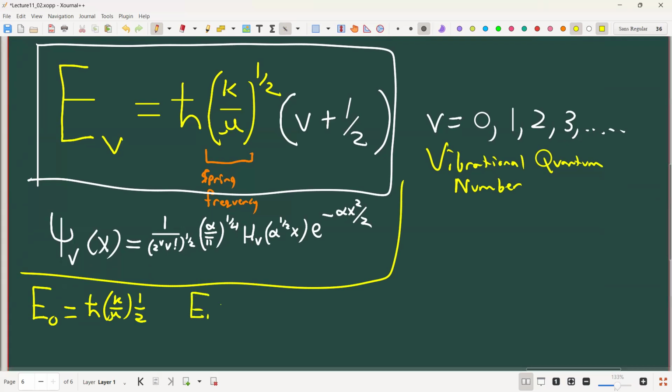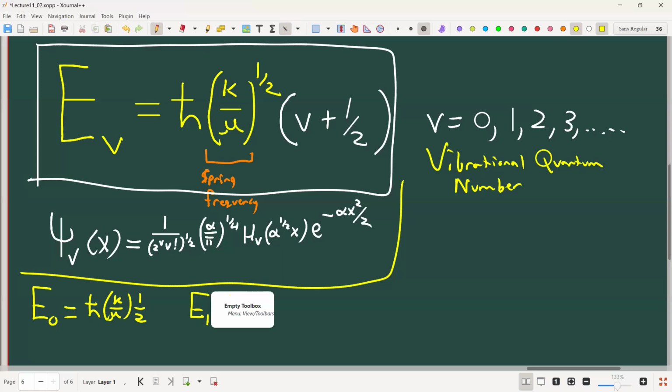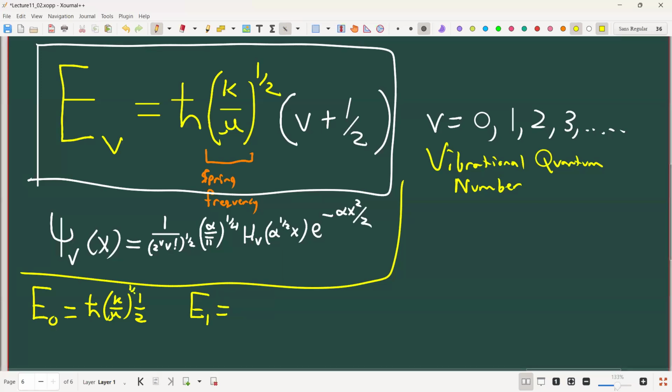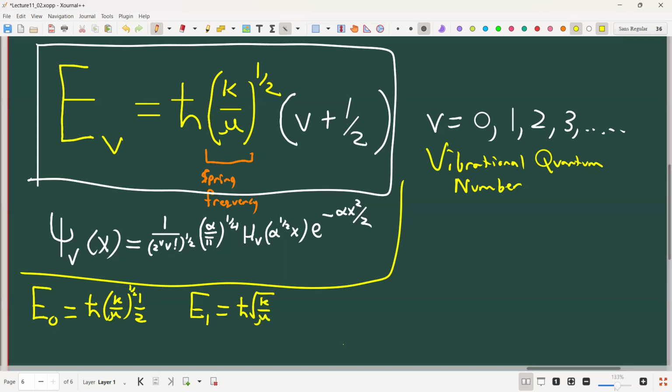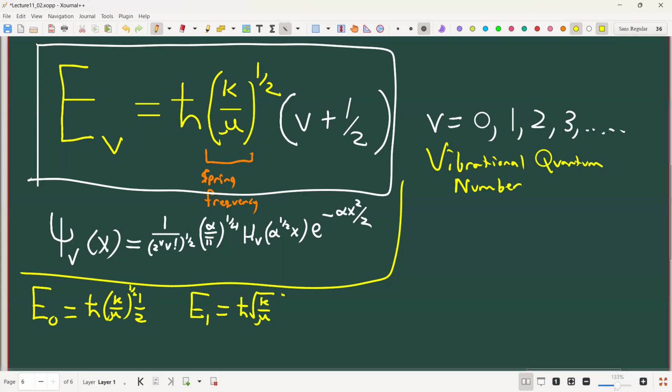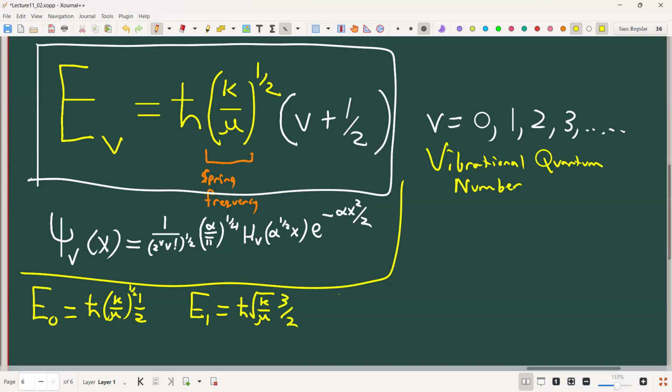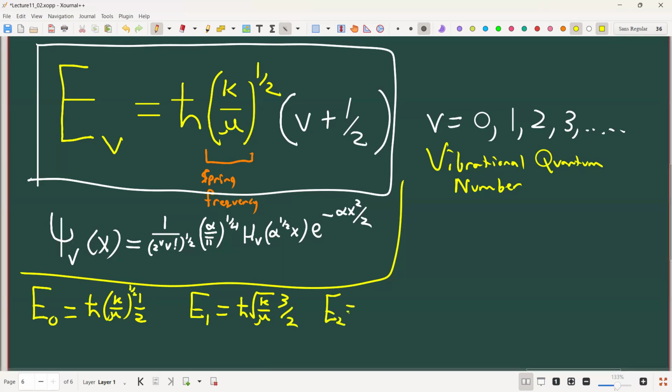And E1 is h bar, sorry, I forgot the square root, h bar square root k over mu, and then 1 plus 1/2 is 3/2. And then E2 is 2 plus 1/2, h bar root k over mu times 5/2, and so on and so forth.